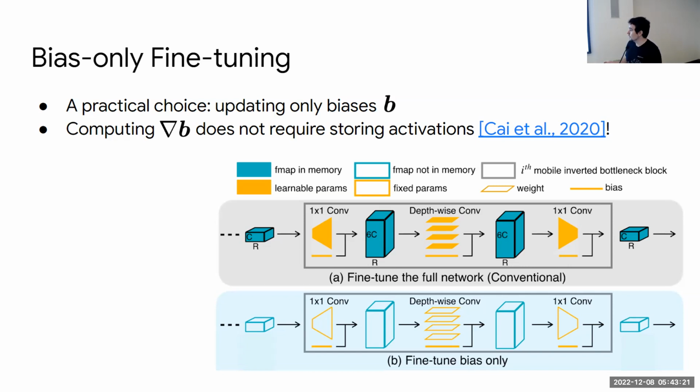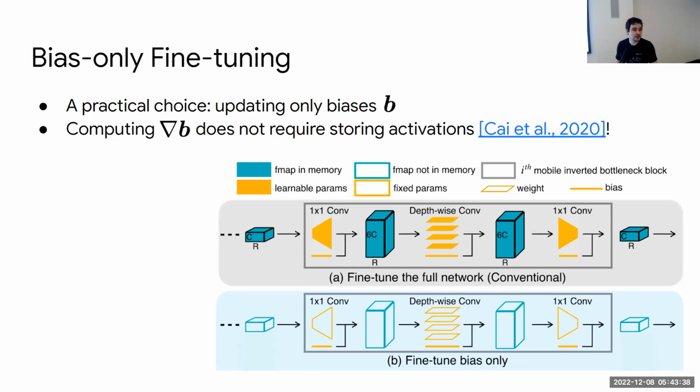So here, this is basically updating a general convolutional neural network where you can see the full fine-tuning, and you can see with the fully colored-in parts of the section which parameters are kept in memory.